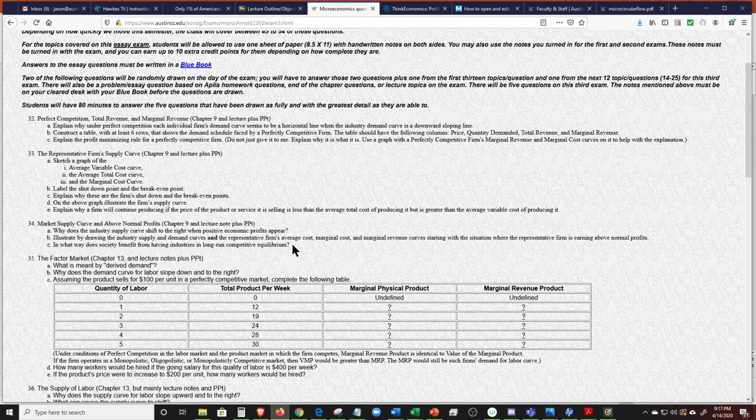And then in 17, we talked about problems that competitive markets might face, like they might not be competitive, or they might have externalities, or asymmetric information. There might be free riders, those types of things, public goods.